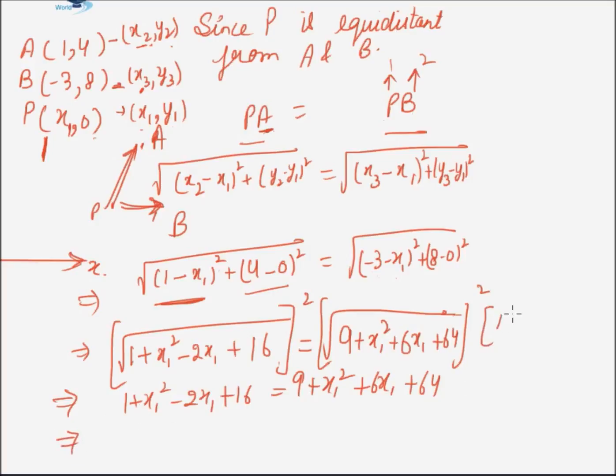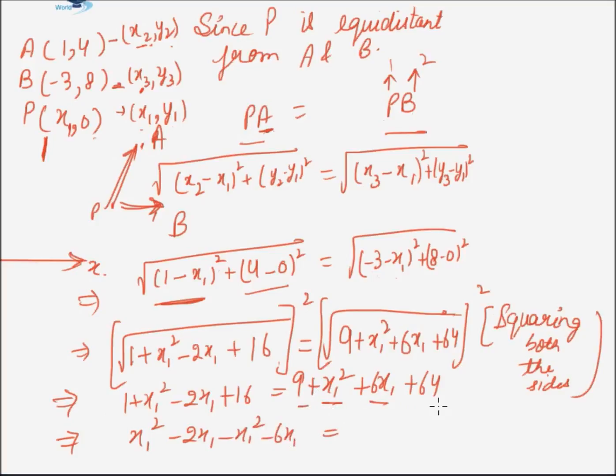Now bringing the variables to left hand side, we have minus x1 square minus 6x1 is equal to 9 plus 64 which is 73 minus these two terms, that is minus 16 minus 1. So this will give us 73 minus 17.